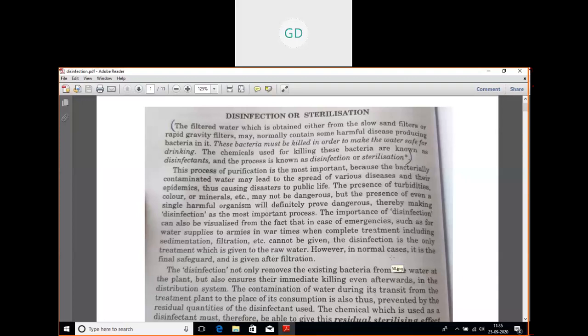Would you like to share your answer? What do you think? Which glass should you drink? And can you tell me the reason why you would drink that water? Yes, please be fast because we have less time.